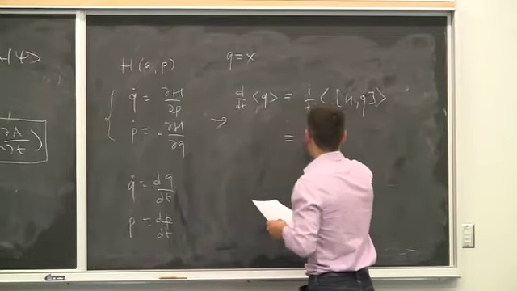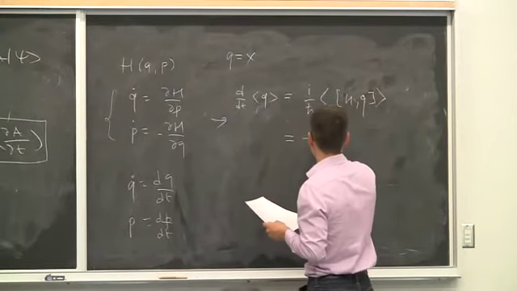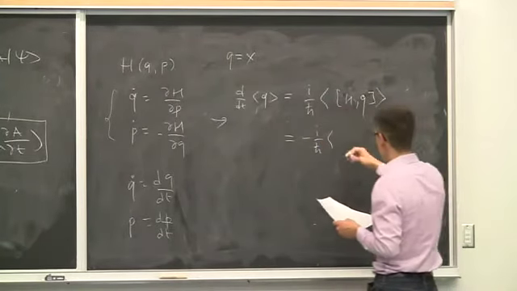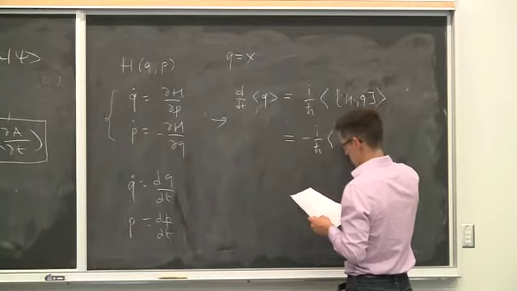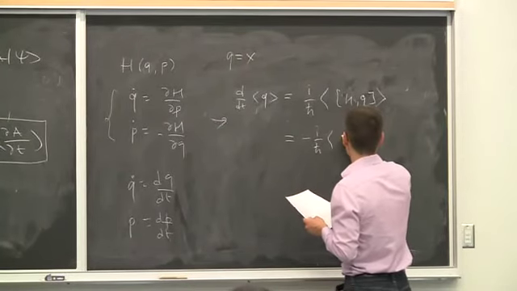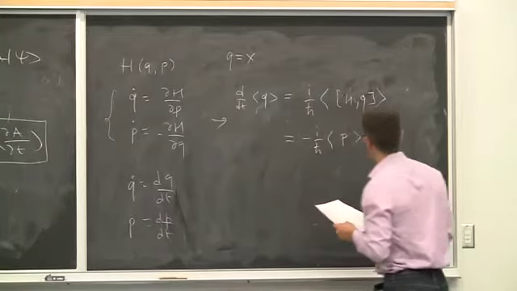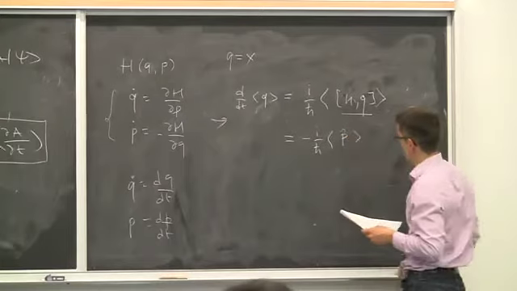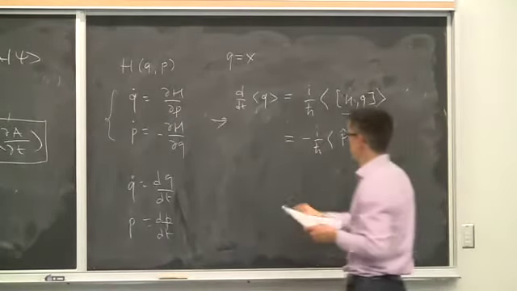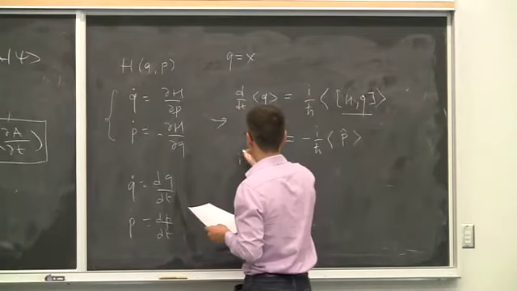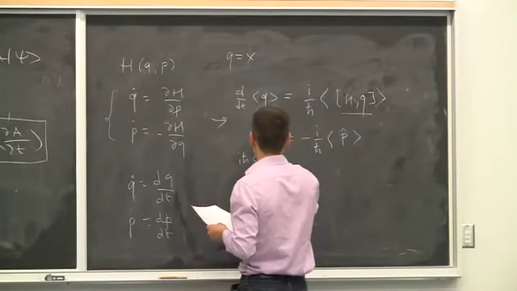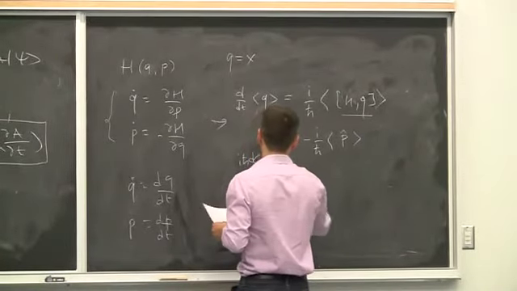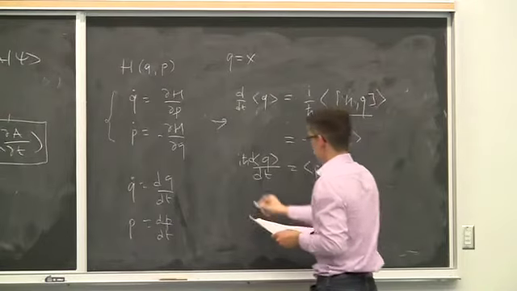So this will be, according to my notes, and you can check this at home by doing the commutator, a minus i h bar, and then there will be the p operator. If you do the commutator, there will be a p operator. And then, by putting back i h bar, we can write dq over dt equals the p operator.